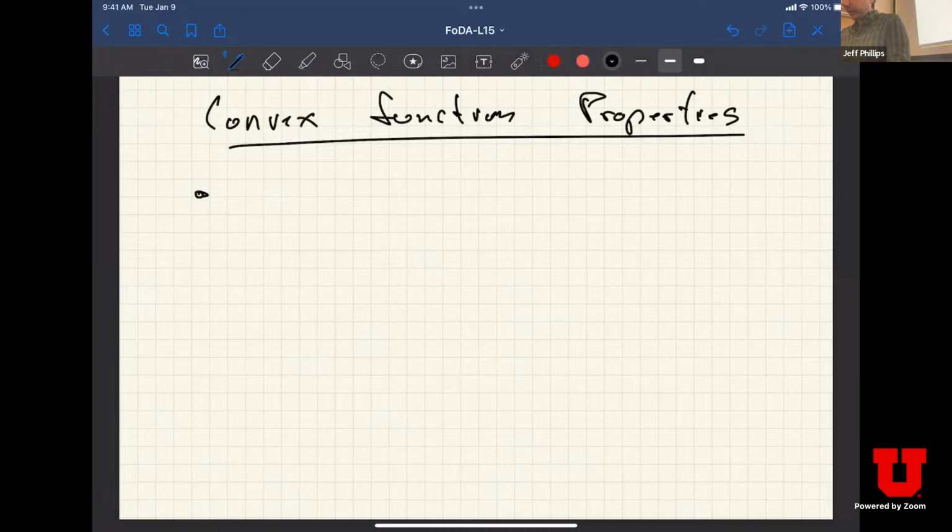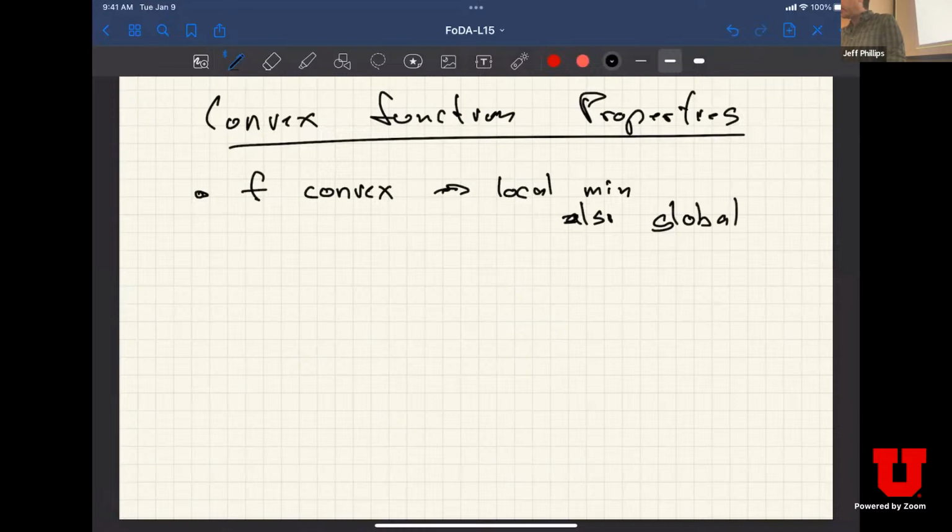If f is convex, then a local min is also a global min. So if I find a local minimum, I know it's also going to be a global minimum if the function is convex. This is the main property that we're going to want here. We're not going to worry about local minima if we have convex functions.